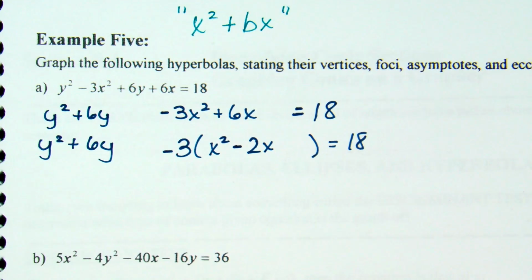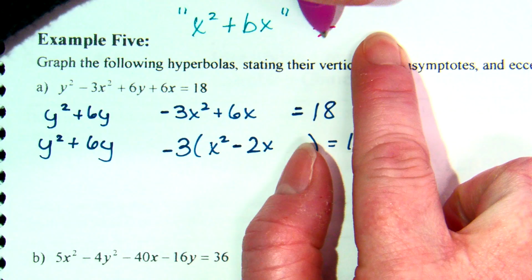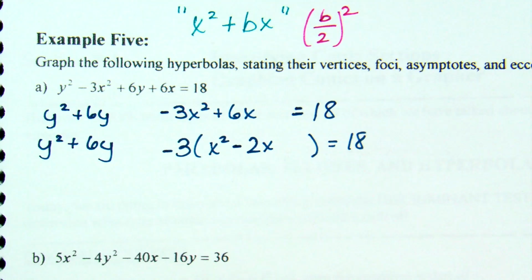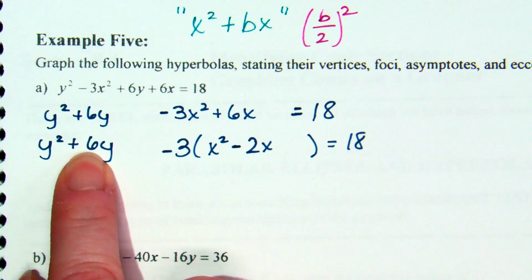Okay. We ready? How do we complete the square? B over 2 squared. So, in y's, what is b? 6. 6 divided by 2 is 3. 3 squared is 9.